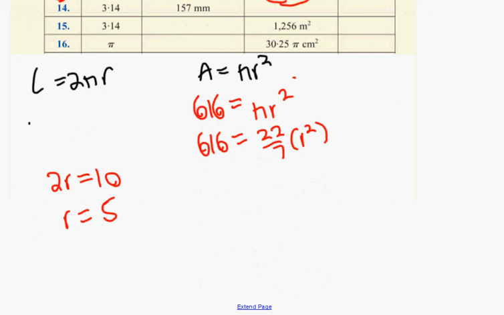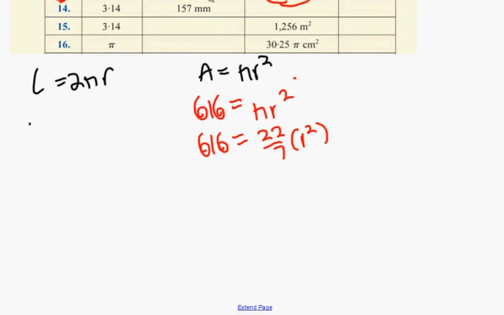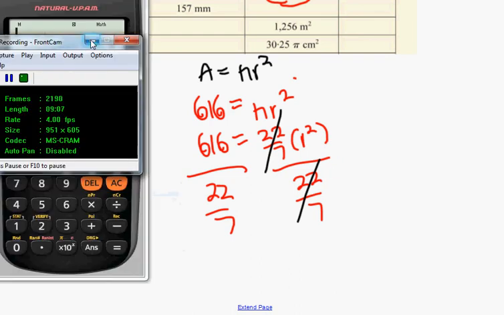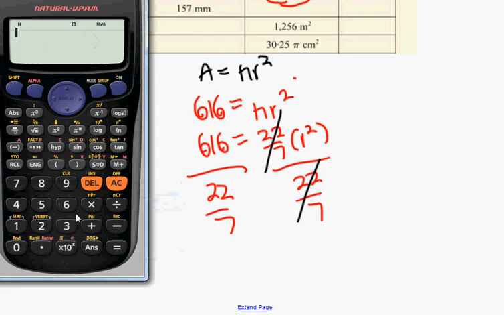Now, what would happen here, guys, is if we divided both sides by 22 over 7, what would happen? What happened to the 22 over 7? 22 over 7 divided by 22 over 7 cancels, okay? So you can do this calculation two ways.